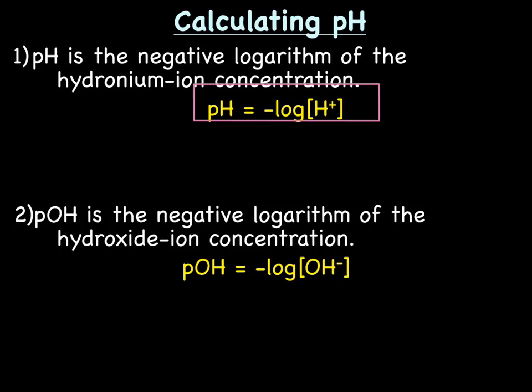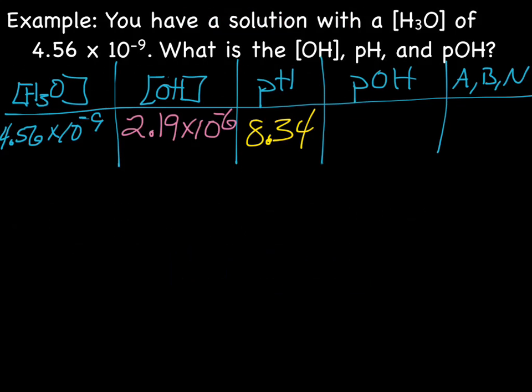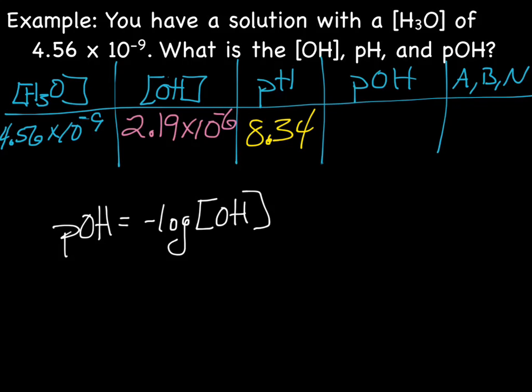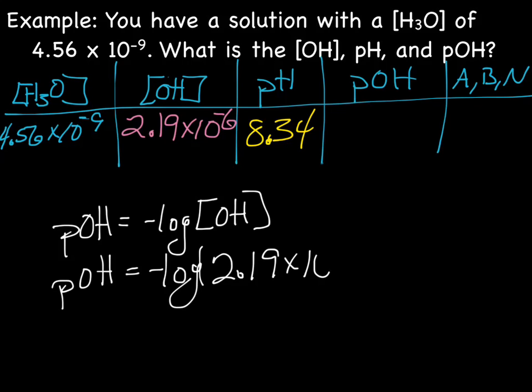To calculate pOH, we can use pOH equals negative log concentration of OH, and we do have that information. So pOH equals negative log of 2.19 times 10 to the negative 6th, which gives us 5.66, accounting for sig figs.